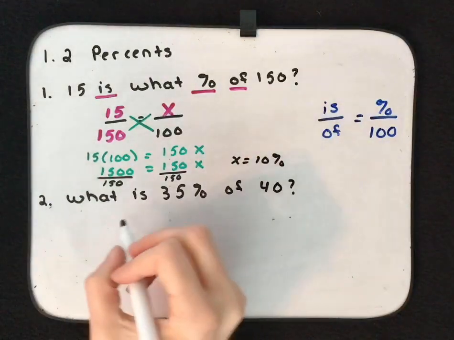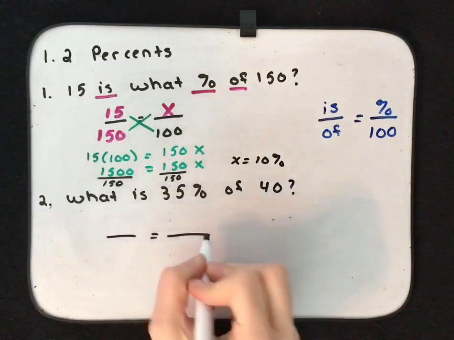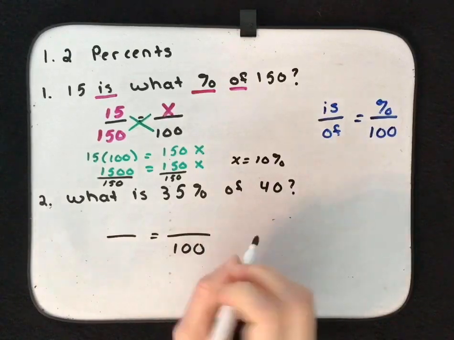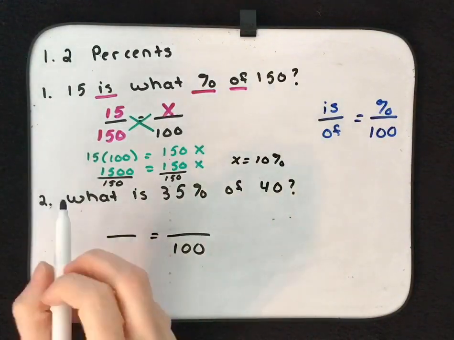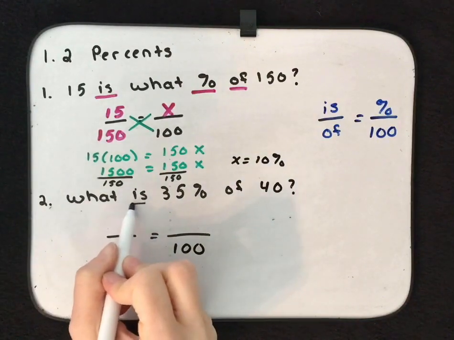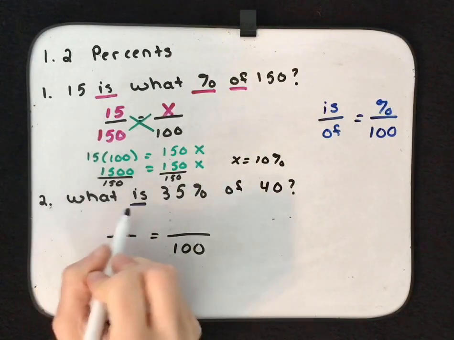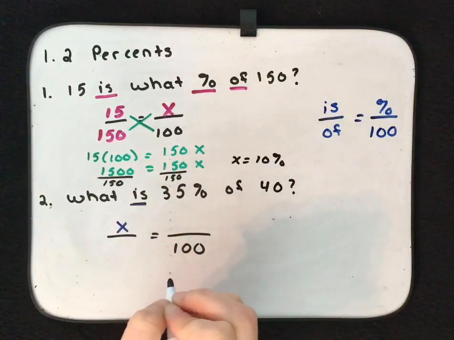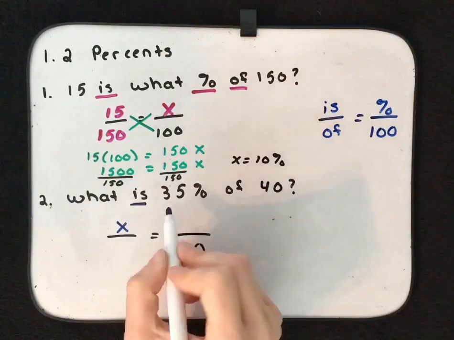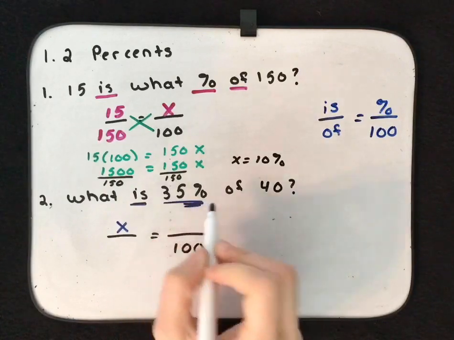For number 2, before we even look at the question, we know this much right here. Now let's see if we can figure out what goes in each blank. What is? Well, there's our keyword "is." It says what is. So that means our x, that's the piece we don't know, is going to go for our "is." 35%, there's that percent.